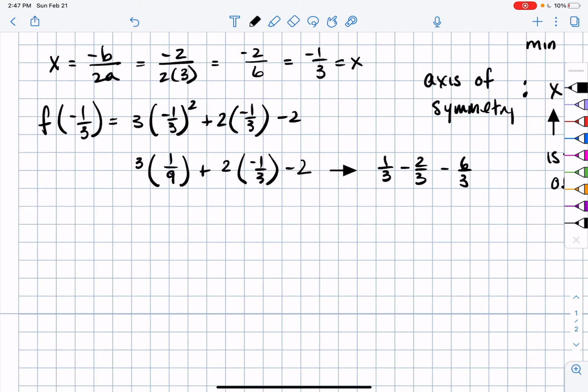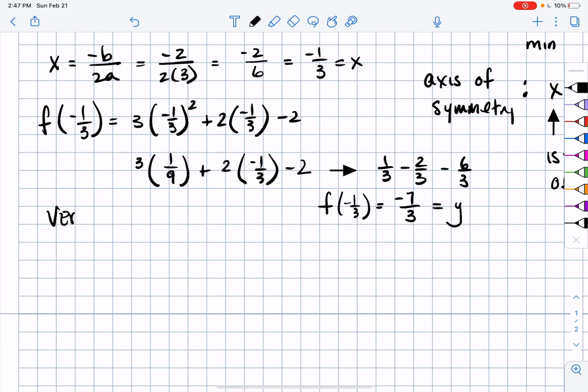So that means my f of negative 1/3 is equal to 1 minus 2 is negative 1, minus 6 is negative 7 over 3, which is really my y value.